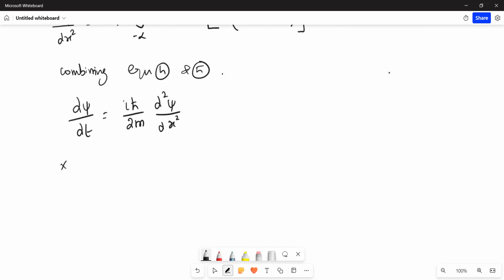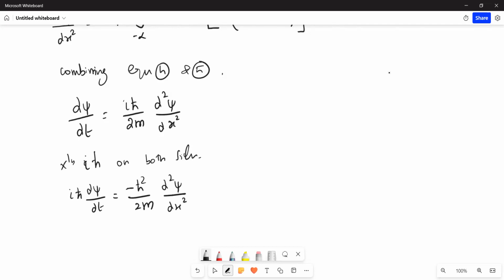Now here you need to multiply i h cross on both sides. If you multiply it, what you will get is i h cross del psi by del t is equivalent to minus h cross square by 2m del square psi by del x square.